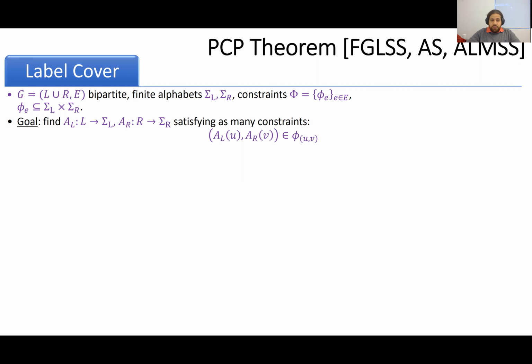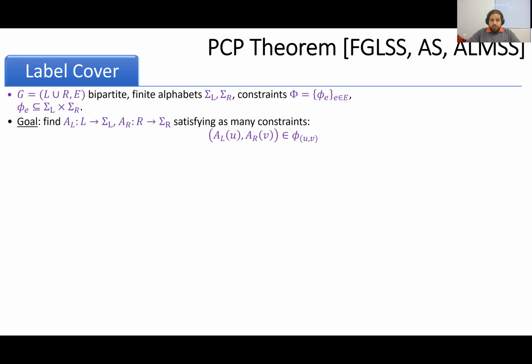An instance of the label cover problem consists of a bipartite graph G and two alphabets, sigma L and sigma R, one for each side, each of them being finite, and finally a constraint for each one of the edges of the graph. A constraint is simply a collection of pairs of alphabet symbols that are considered satisfying.